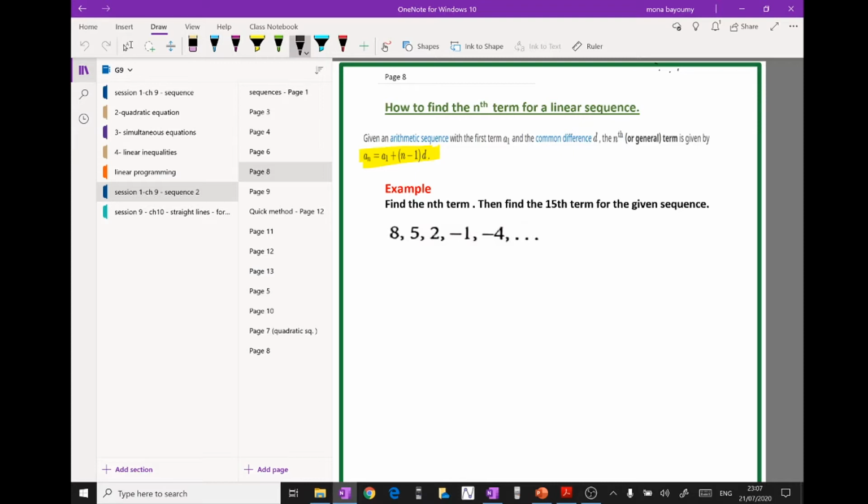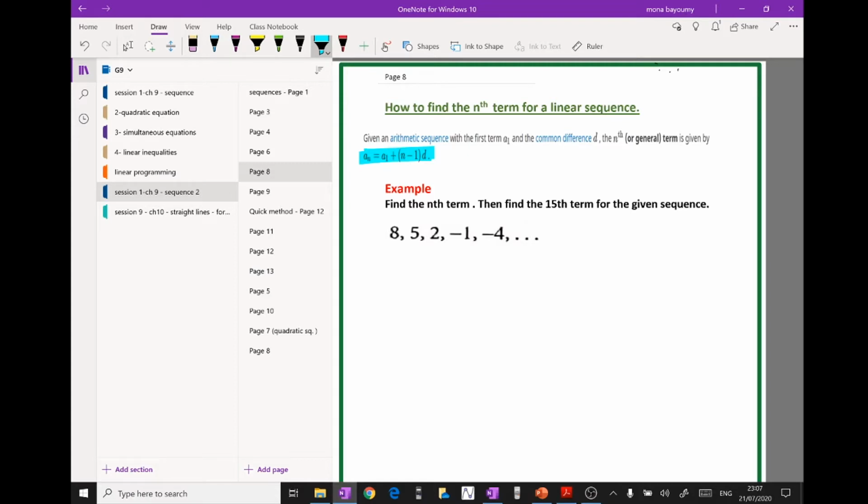To find the nth term, we have a formula: an equals a1 plus n minus 1, all times d. What's an, what's a1, what's n, what's d?